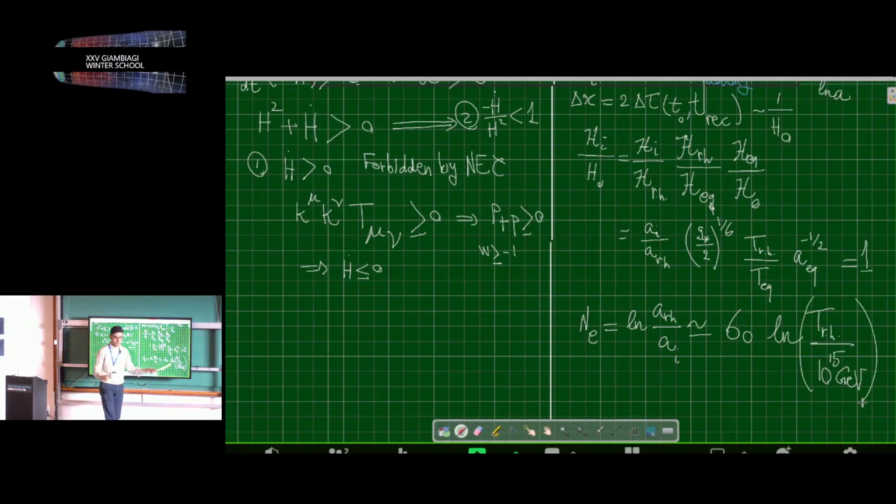So if you set T_reheating to be a GUT temperature, which is about 10^15 giga-electron volt, then you get the number of e-folds equal to 60.